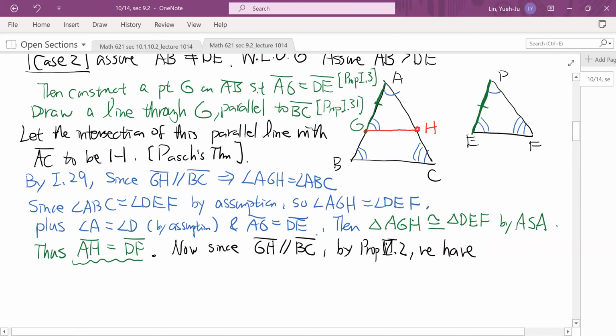Let me write it down here. This would be GB divided by AG is equal to HC divided by AH. So essentially we have GB over AG equals HC over AH. This is by the previous proposition. Now I want to add 1 on both sides of the equation.